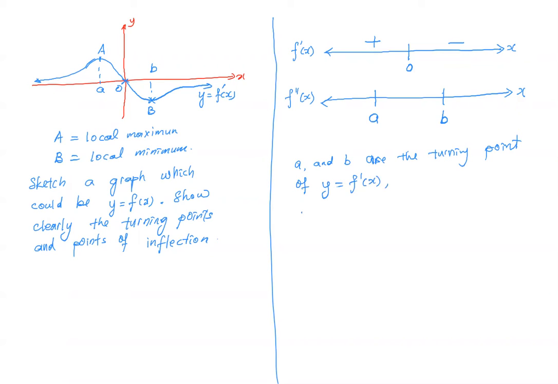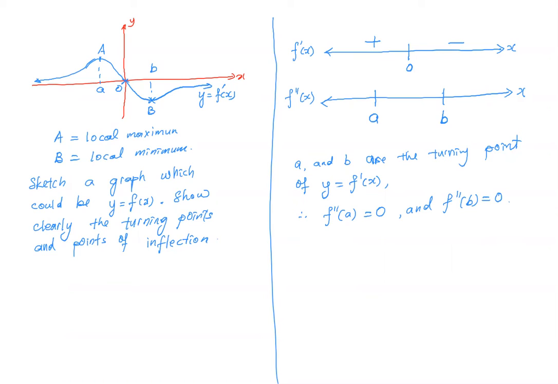So therefore, f double prime A will be equal to 0 and f double prime B will be equal to 0. Am I right? Yep.